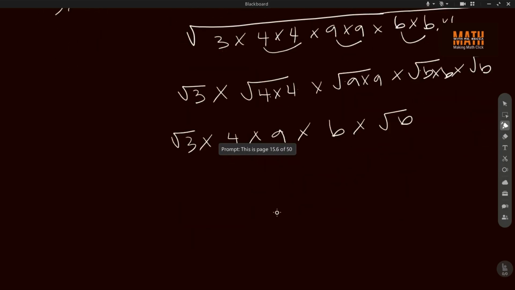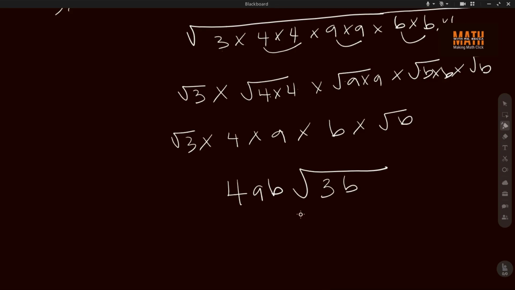Now let's write the ones that do not have roots together and put the ones with root together. So here now we have 4 times a times b. This will give 4ab, and then we have root 3 and then root b. We bring them together, so this will be root 3b.